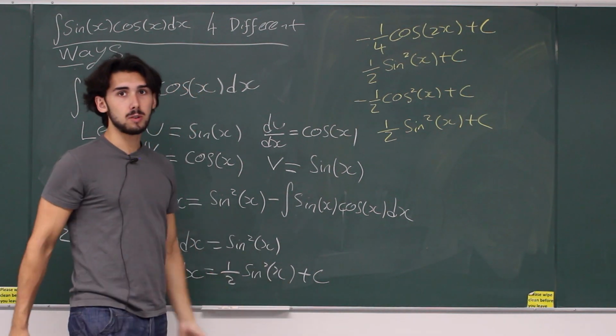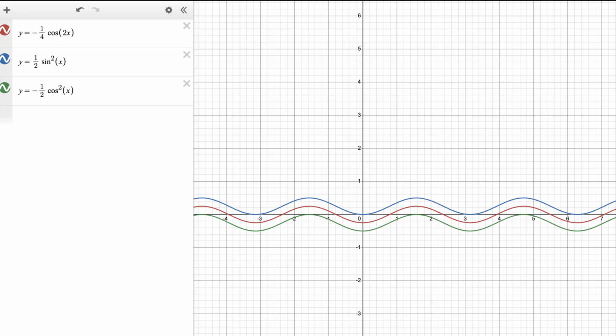So what I'm going to now do is, on the screen you will see on Desmos the graphs of all 3 of the first functions: minus 1/4 cos 2x, 1/2 sine squared x, and minus 1/2 cos squared x. The fourth one is just the same, it's just 1/2 sine squared x, so I'm not going to show that. So you're looking at the first 3.